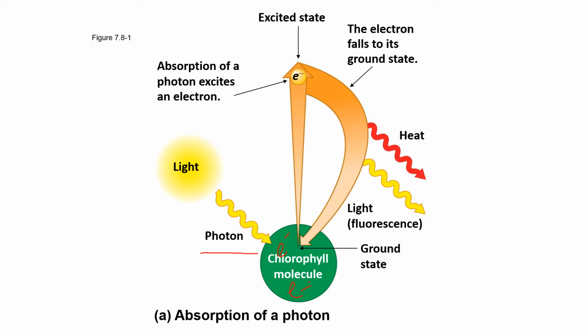Those electrons, when they get hit with light, get super excited and jump up. When they jump up there, they're not going to be stable. So after they reach that excited state, they must come down. And when they come down, they release heat and they release fluorescence light.